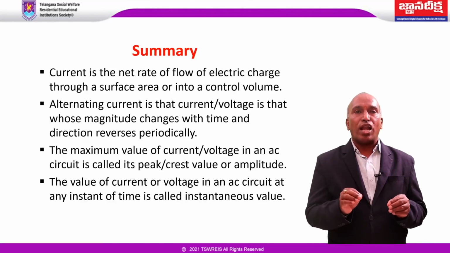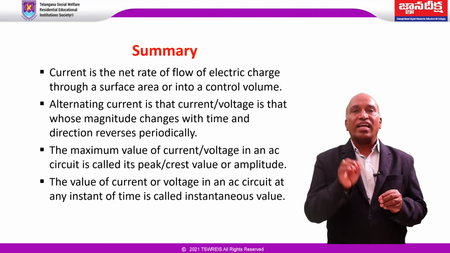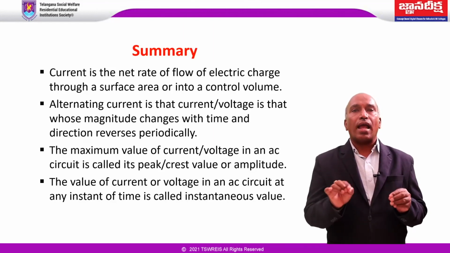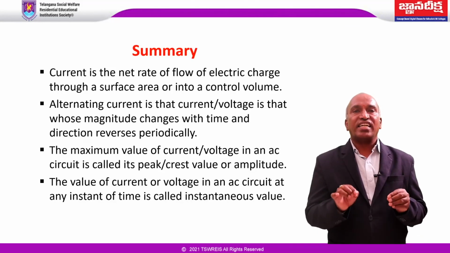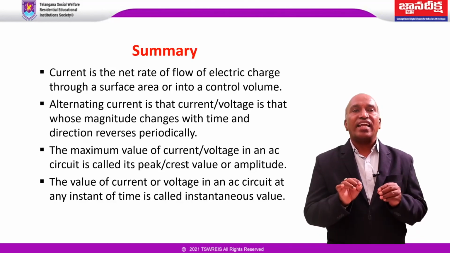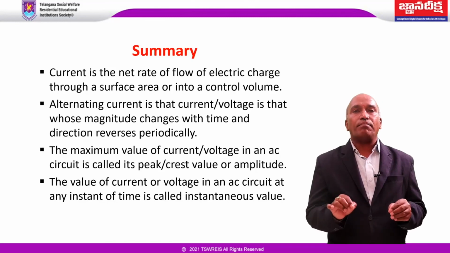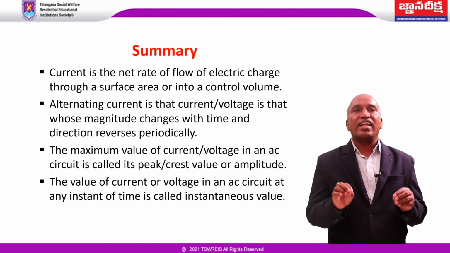The maximum value of current or voltage in an AC circuit is called its peak or crest value or amplitude. The value of current or voltage in an AC circuit at any instant of time is called instantaneous voltage.